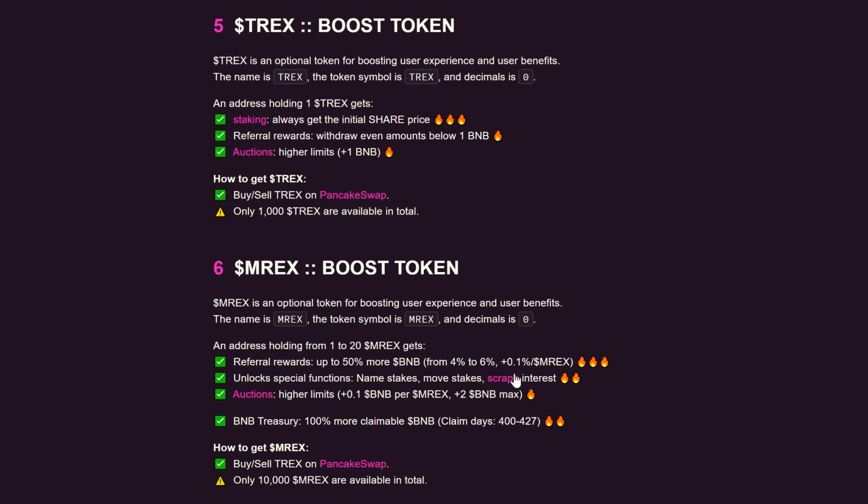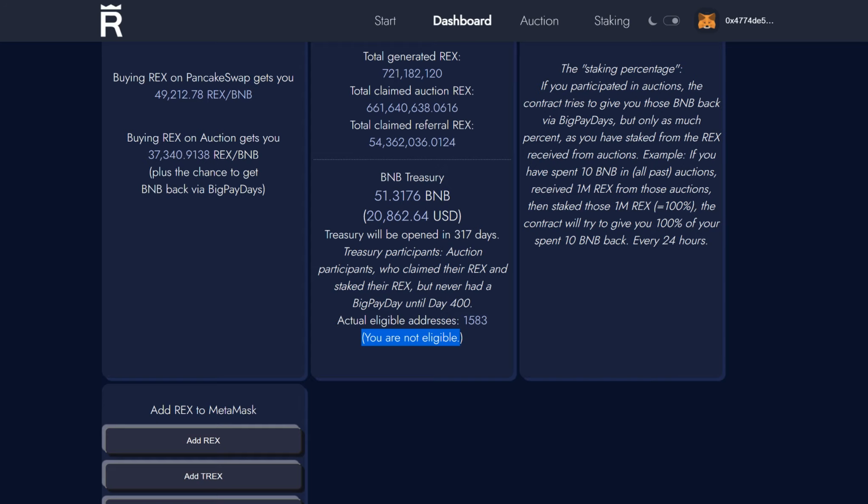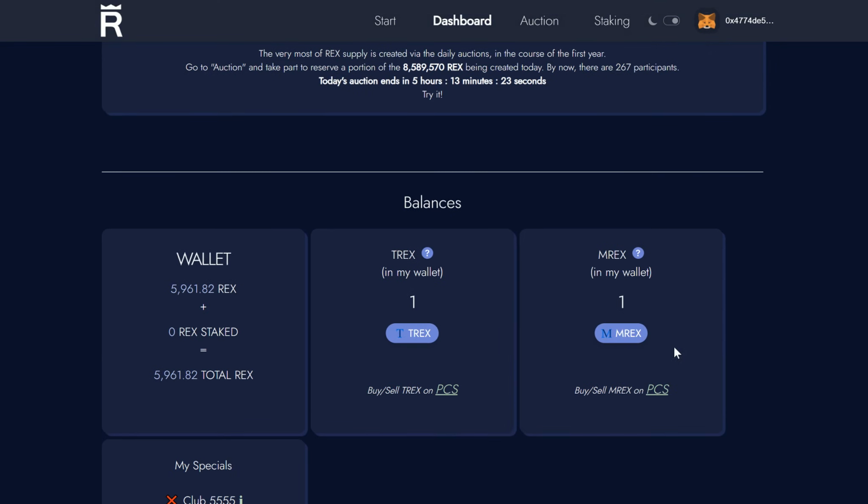Now, how do you get MREX? Well, first off, there were 10,000 MREX available on the Rex site. And it used to say send whatever amount of BNB, and you can go up to 20, but it sold out, I believe, maybe like 5 days ago. So now the only way to get MREX is to go on the exchange. So let's take a look at the price.